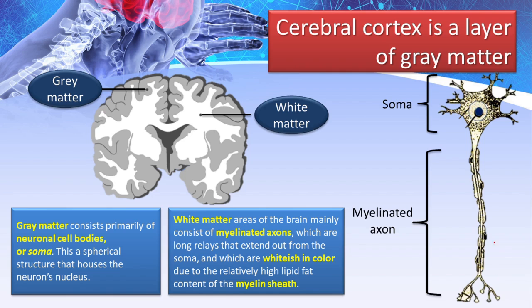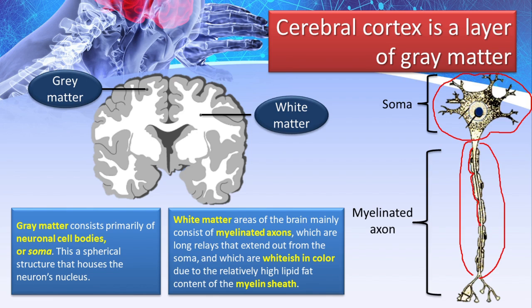The neuron has a spherical part called the cell body or the soma, followed by an elongated part called the axon. The axon has a sheath made up of a fatty substance, and this sheath is called the myelin sheath.